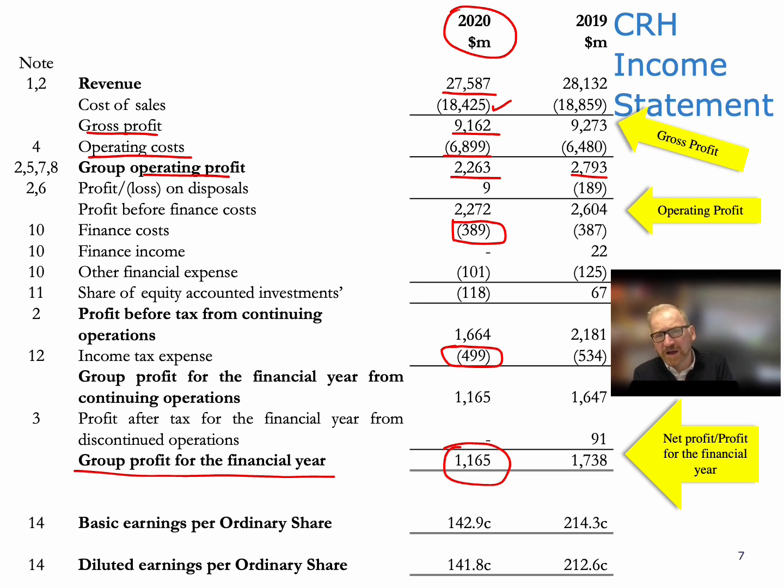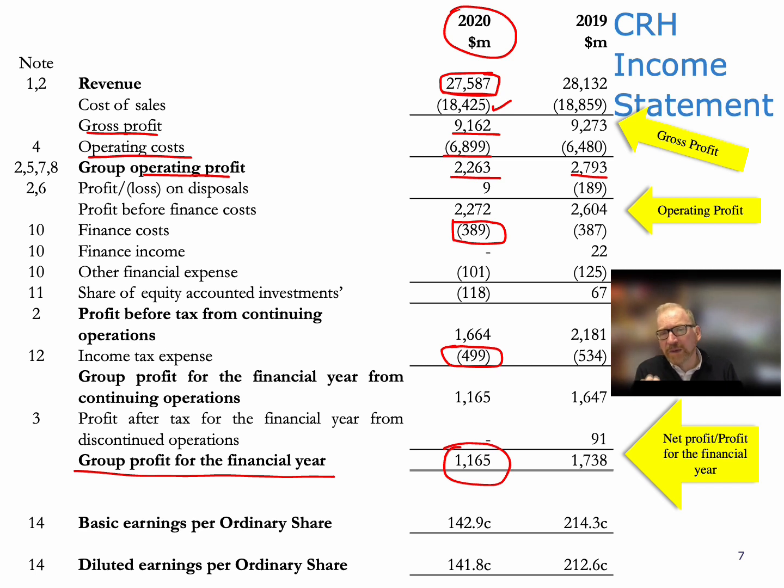Remember that the amounts of these items are based on the accruals concept. So what you're seeing here is the amount of revenue for the year, which is the amount of sales transactions that occurred between CRH and its customers. Not all of those sales transactions were paid for.